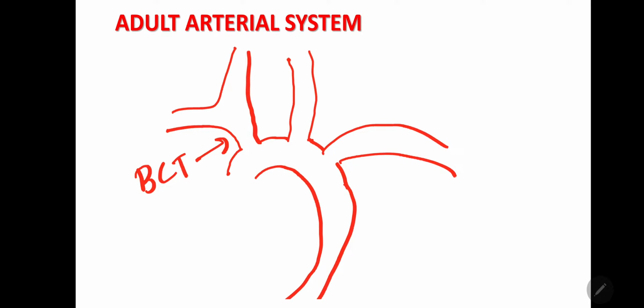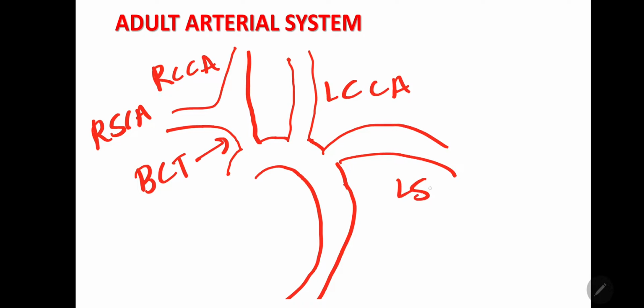Then you will see the left common carotid artery and left subclavian artery. So this is the brachiocephalic trunk dividing into right subclavian artery and right common carotid artery, whereas the left common carotid artery and left subclavian artery come from the arch itself. And this is the descending aorta.